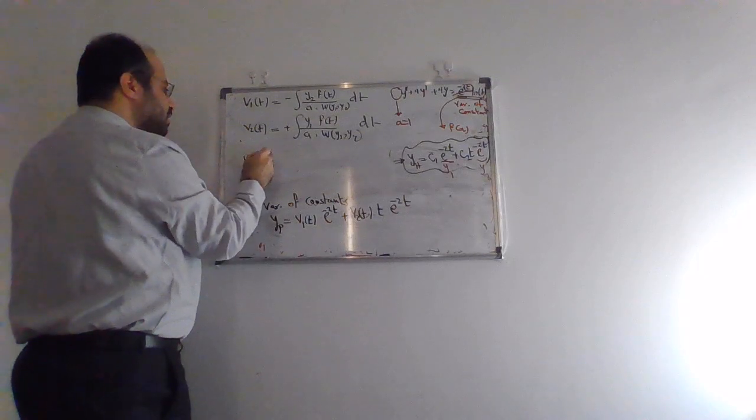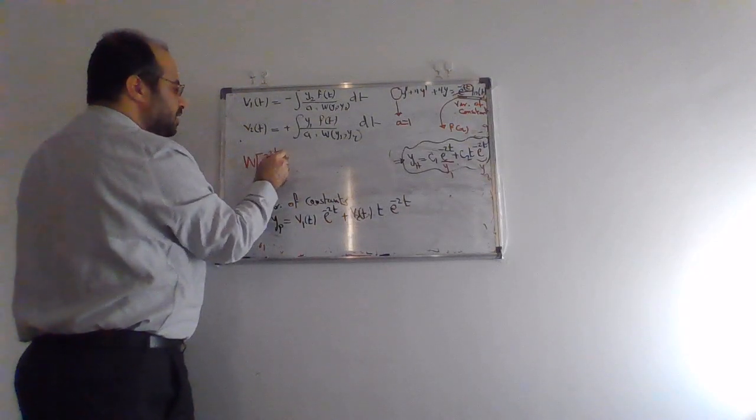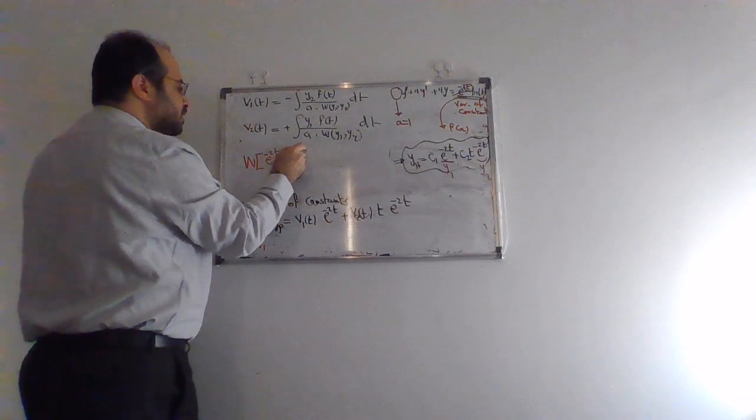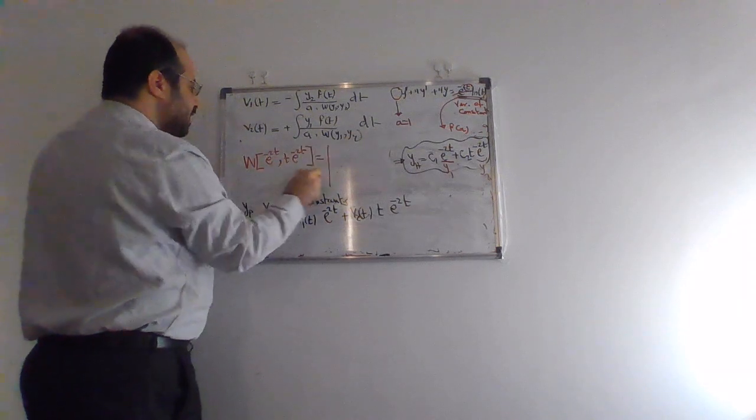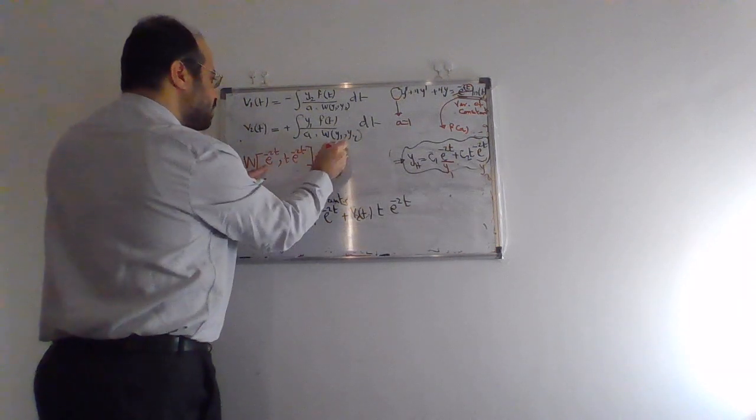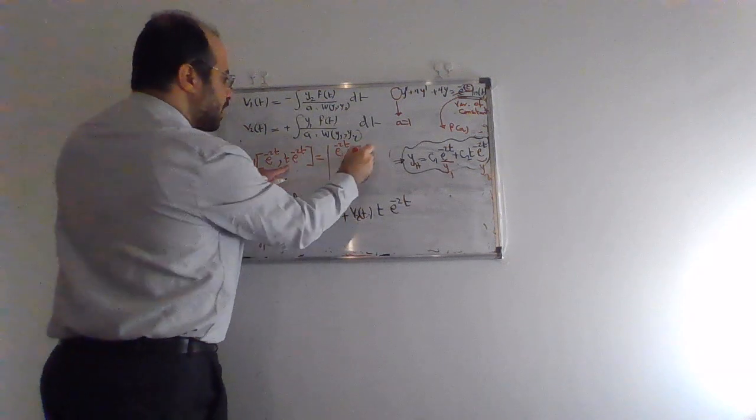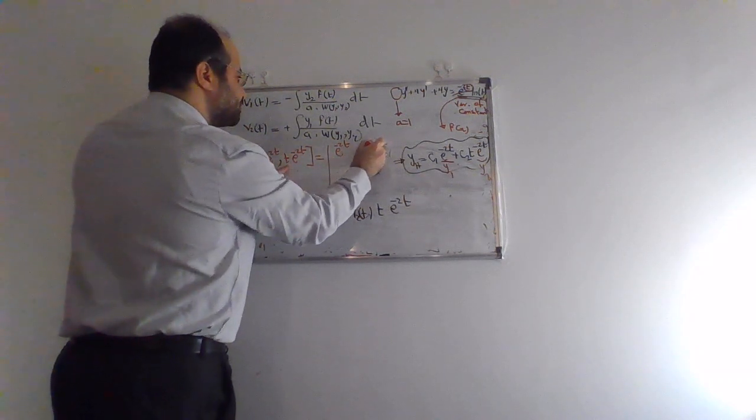So they are e^(-2t) and t e^(-2t), right? You put them as they are, this is y1 and this is y2.